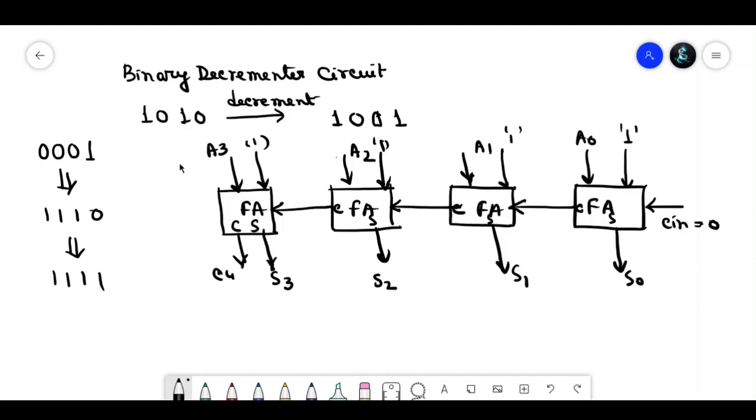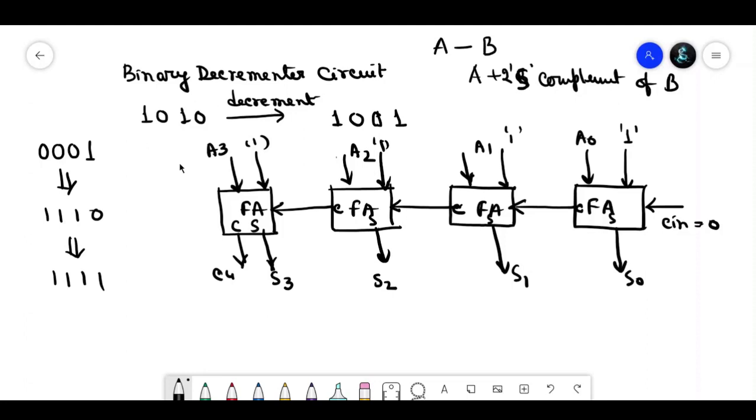As I have already mentioned that in case of subtraction, we normally add the 2's complement of that number. So if I want to subtract B from A, I will add the 2's complement of B with A. Okay, so here if I want to do the 2's complement of 1, it will become 1111.